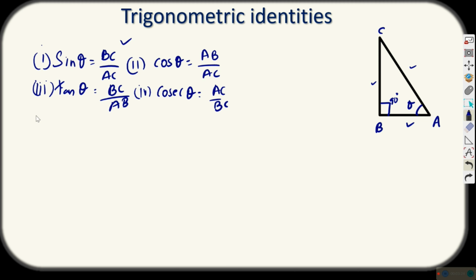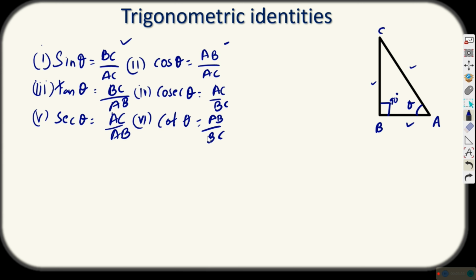And the fifth ratio you studied was sec theta, secant theta, which is the inverse of cos theta, where you will write AC upon AB. Then comes cot theta, the last ratio you studied. It will be the inverse of tan theta, and it is equal to AB upon BC. You are familiar with this, and you should be.